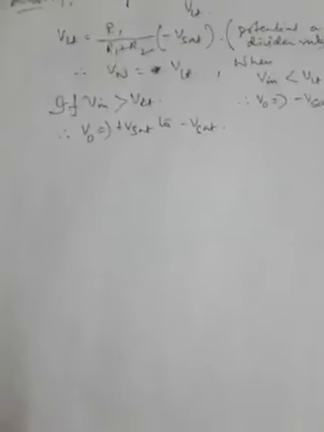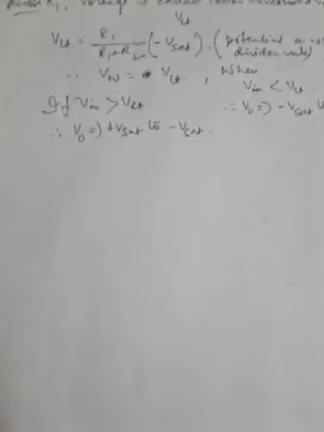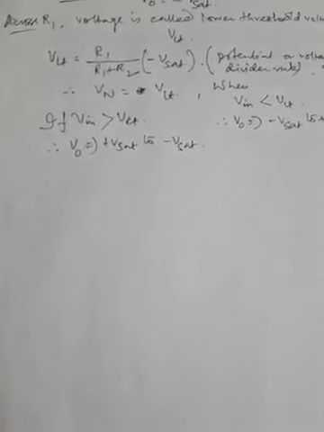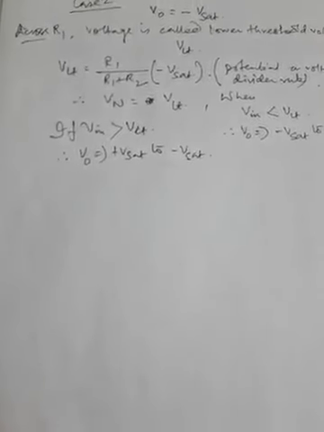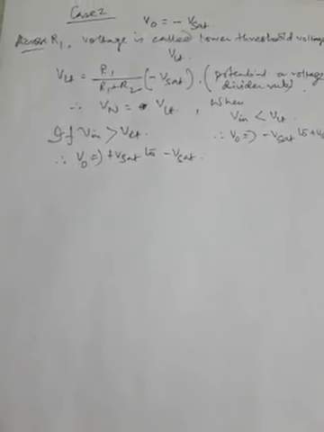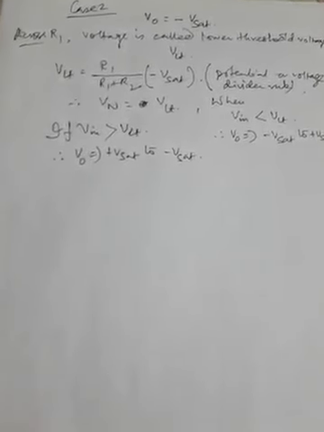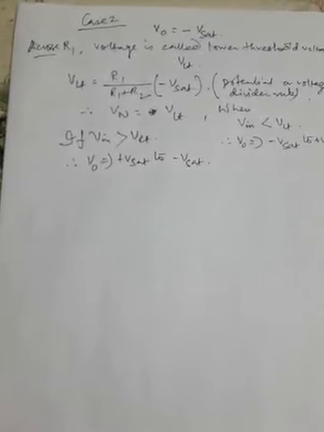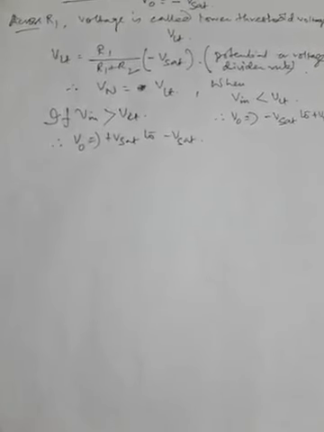So in this case, because the output is transiting between the two saturation extremes, positive saturation and negative saturation, we should keep in mind that the two threshold voltages VUT and VLT should be calculated at such a value that it is greater than the input noise voltage, so that unwanted voltages may not trigger the output to switch.